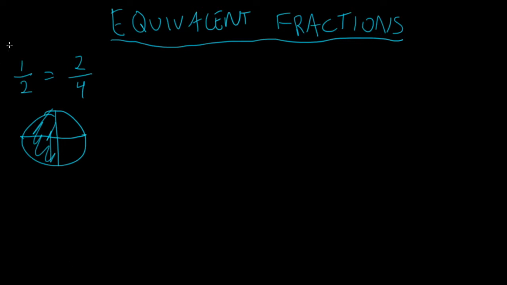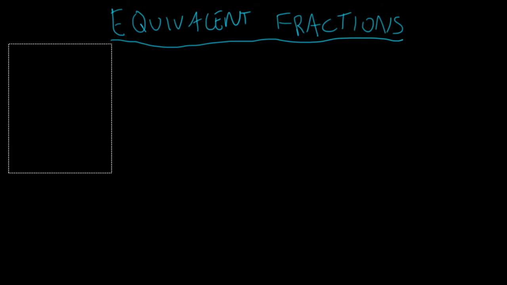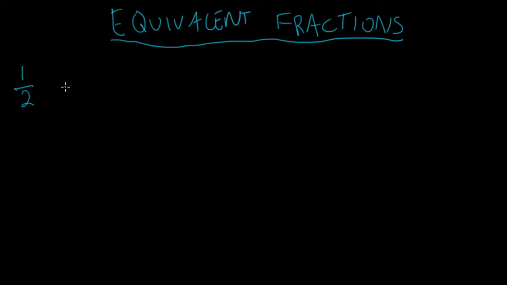Now, how do we get equivalent fractions, if we don't want to just continue drawing pizzas? Let's take, again, 1/2, and think about what we do when we go from 1/2 to 2/4. Well, what we're actually doing is taking 1/2 and multiplying it by 2/2.